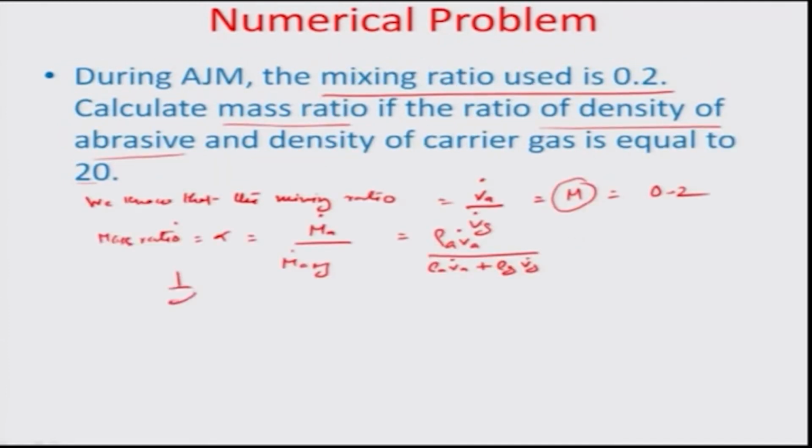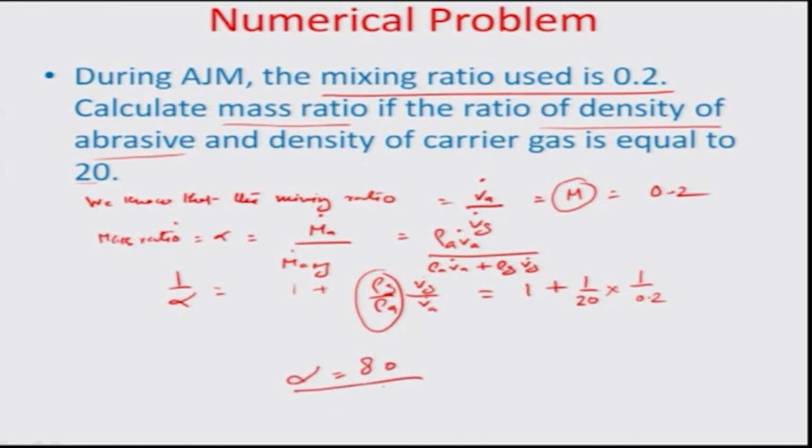So 1 by alpha, or the inverse of the mass ratio, is again 1 plus rho g by rho A times Vg dot by Va dot, and if I substitute the values here, the density of the gas to the abrasive grains is 1 by 20, times the inverse of the mixing ratio, 0.2. So alpha comes out to be equal to about 80 in this particular case.